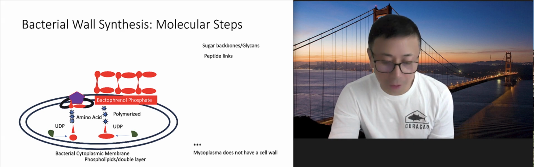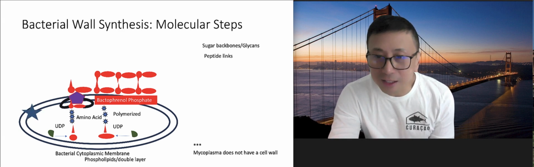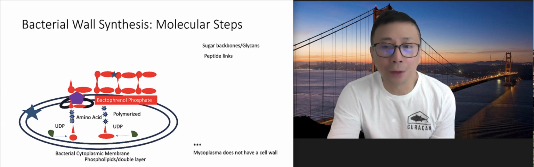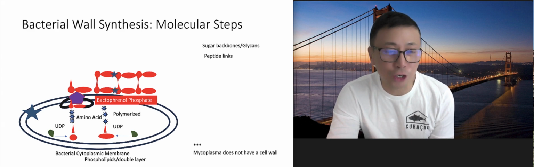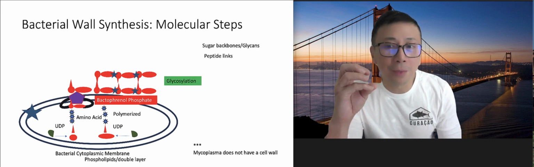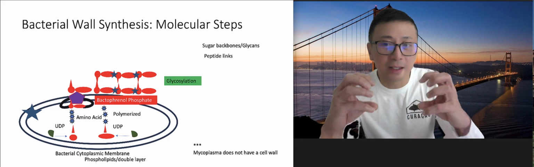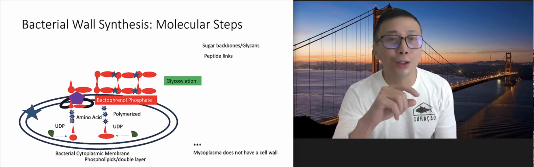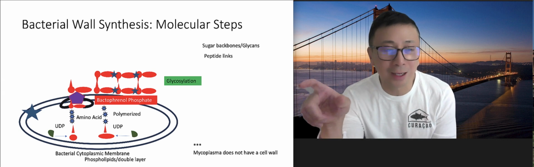And then there is another enzyme that I want you guys to understand, and we call this glycosylation. What it does is it will stick those NAM and NAG together, like you're cementing them to each other so that they can form a line, right?